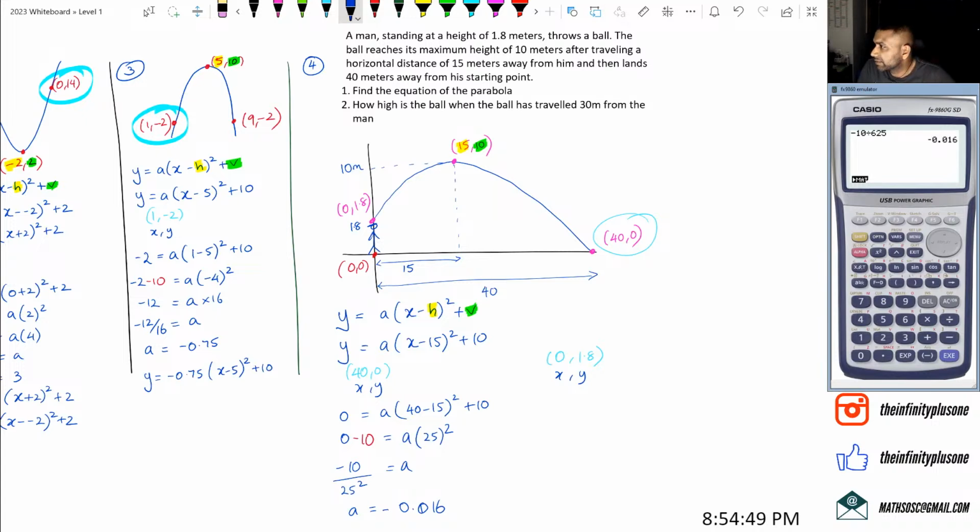Give me a second, guys. I think I know why. I made up the question. Let me just check if this is going to work out or not. 0, 1.8, and then 15, 10.